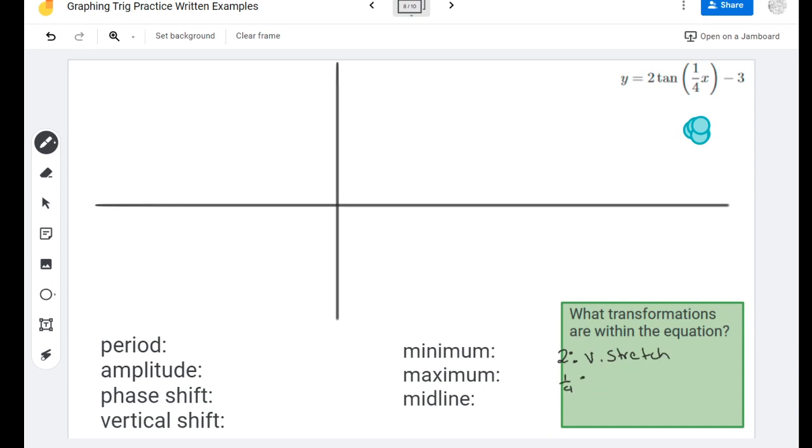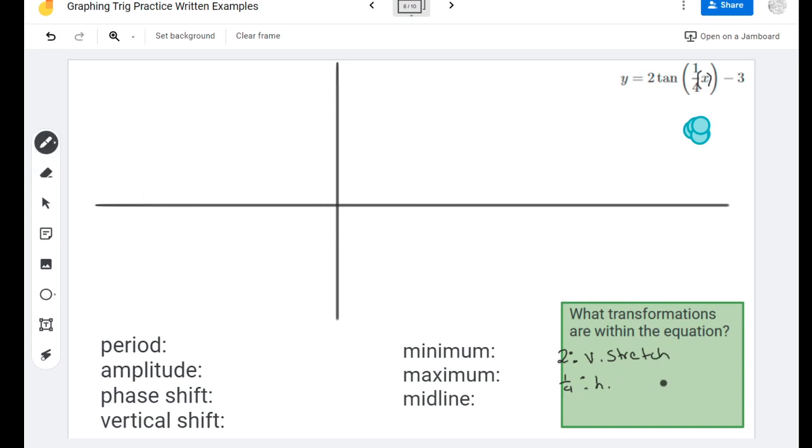The 1/4 that's there is being multiplied to the x, and there's nothing being added or subtracted in the grouping symbol, so x is in there by itself. But you could see that's a horizontal change. And because 1/4 is less than 1, that'll be a horizontal compression. No, horizontal stretch, because it's backwards when it's horizontal.